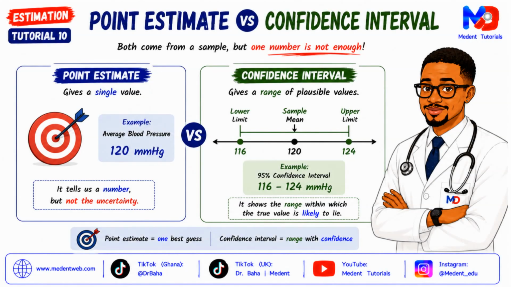Now, a point estimate gives only one value. A confidence interval provides a range of plausible values, which is much more informative.